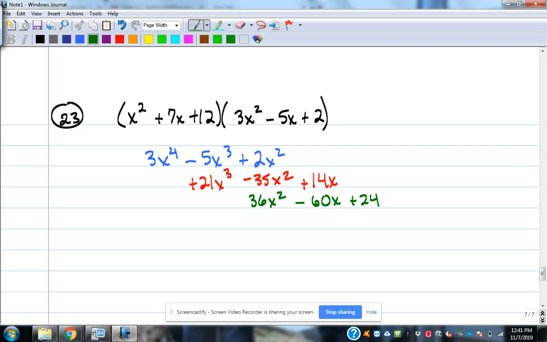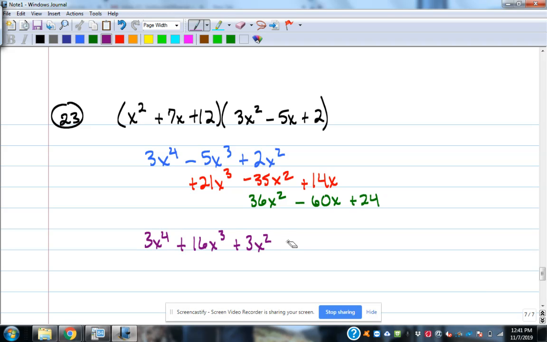To me, that just looks a lot easier to do than if I stretch it across the whole page. Stretching it across the whole page, you've got to hunt around for like terms. This way, hey, they're right there. It's 3x to the 4th plus 16x cubed plus 3x squared.